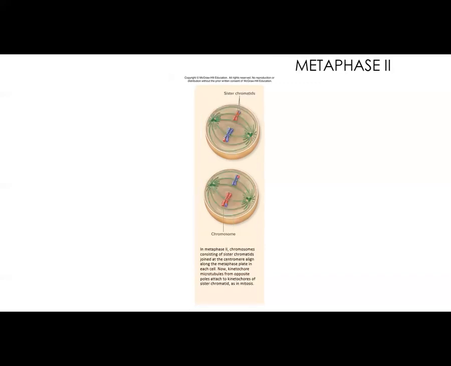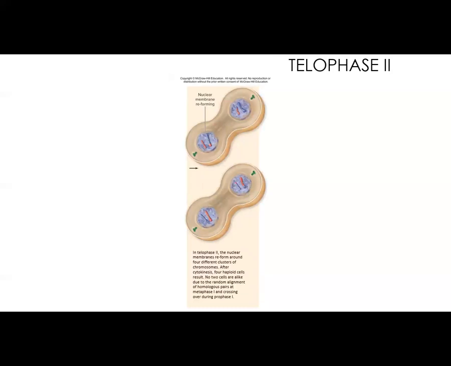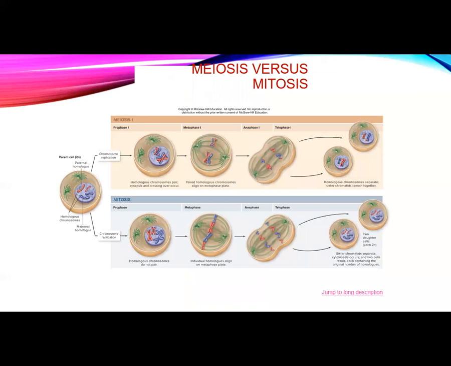Then in metaphase 2, this really is where it superficially looks like mitosis. You've got the chromosomes lined up in the center of the cell, getting ready to separate those sister chromatids. Anaphase 2, sister chromatids separate. Telophase 2, now you've got 4 separate cells that form.